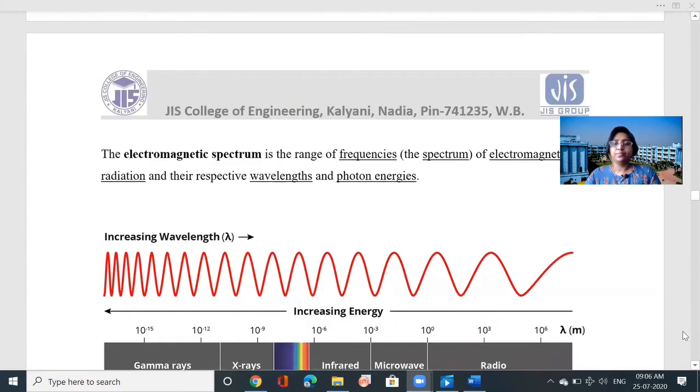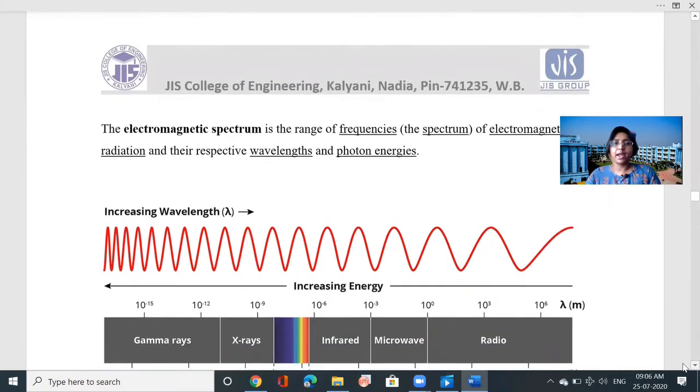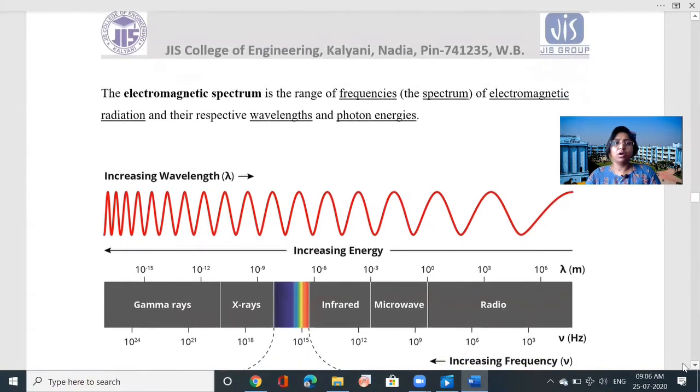Now look at this picture. All these are the electromagnetic spectrum. This spectrum is the range of frequencies of electromagnetic radiation and their respective wavelengths and photon energies.